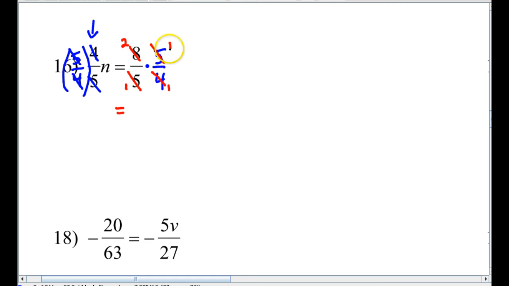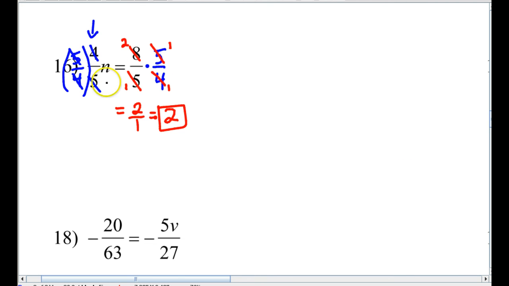So it's 2 times 1 over 1 times 1, which equals the answer. So it turns out if you do the original problem, 4/5 times 2 is 8/5. This makes sense, because you just multiply 4 times 2 to get 8.